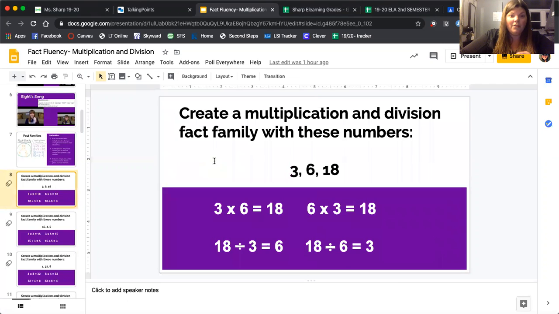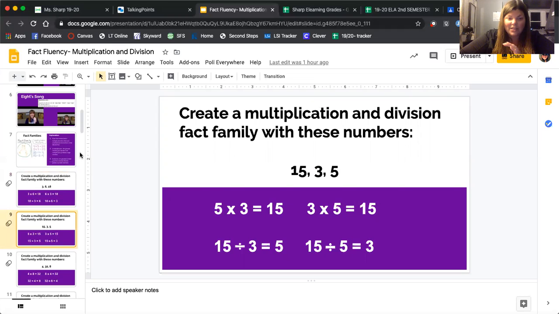And so here, for creating multiplication and division fact families with 3, 6, and 18, we would put 3 and 6 first, and the product would be 18. In division with these same 3 fact family numbers, we would start with the largest number, 18, and divide the 2 smaller numbers to get the quotient, which is the other smaller number.